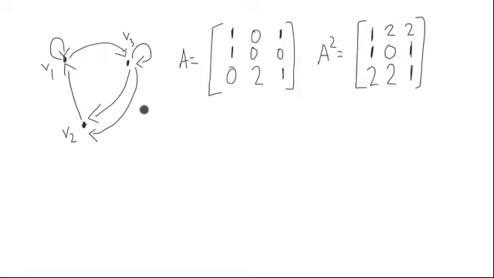There's one path from vertex 1 into itself, one path from V2 into V1. Here, for V2, there are two paths that go into it from V3. Here, for V3, there's one path that comes into it from V1 and one path that comes into it from itself.